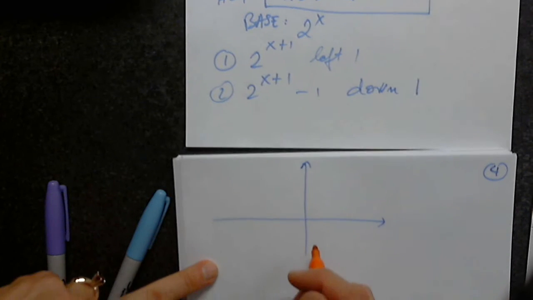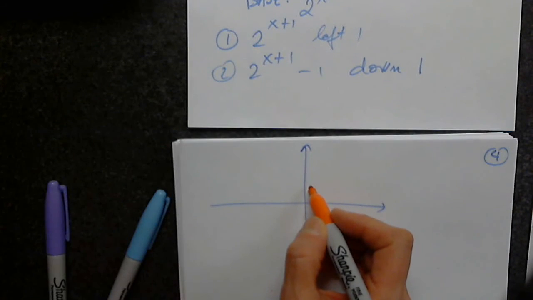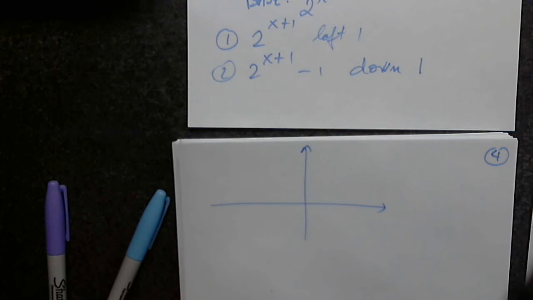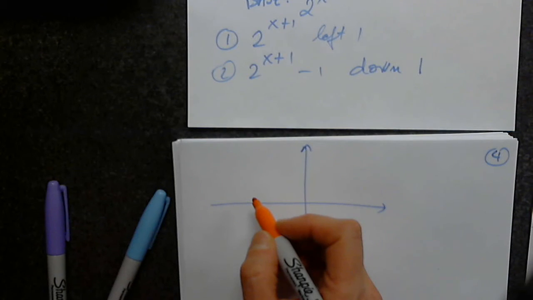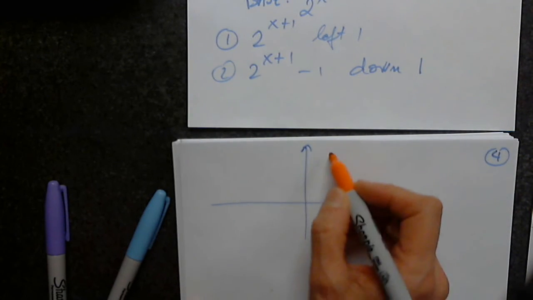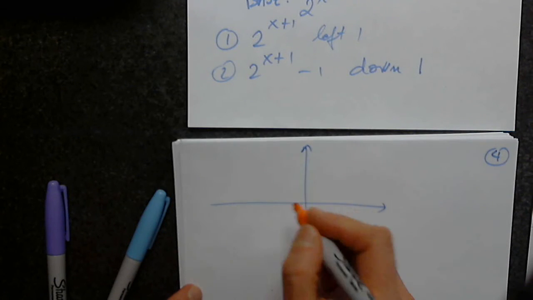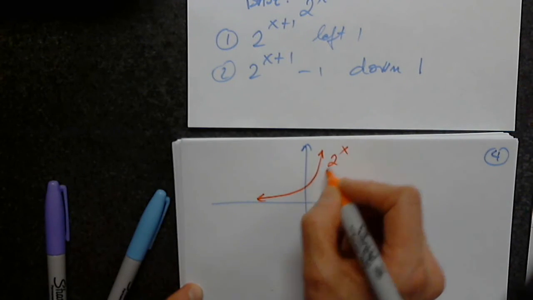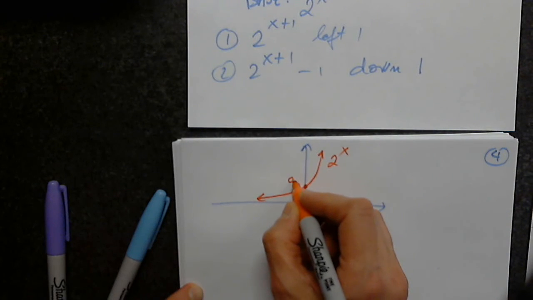So it's increasing, and it crosses the y-axis where? Look at the graph. We just graphed it with a different base. So where does it cross? Exactly. Very good. So this is 2 to the x, and it crosses at 0, 1.